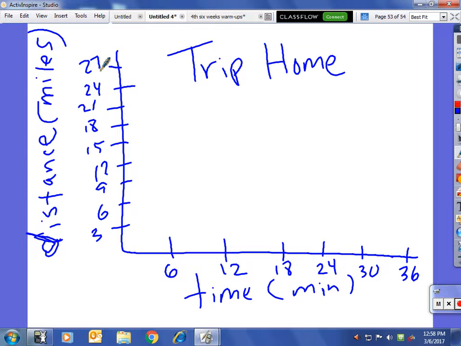And we already know points. You got points from the T-chart. We got 2 of the most important points, one of them was 0, 27, and one of them was 36, 0. Then what? Connect the dots. And there's your graph. We got labels, we've got units, we've got a title, we've got 2 points.